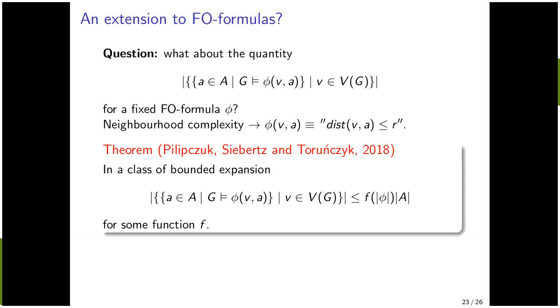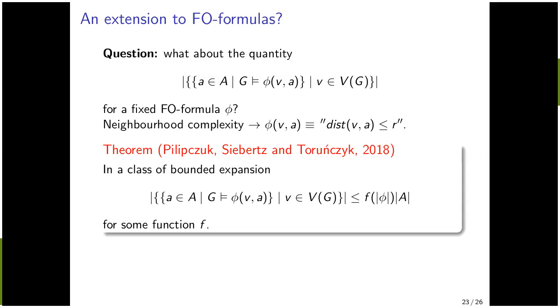So this is a big generalization of the result about neighborhood complexity that characterizes the classes of bounded expansion. And of course, now we can ask what is the smallest function f such that this is satisfied.